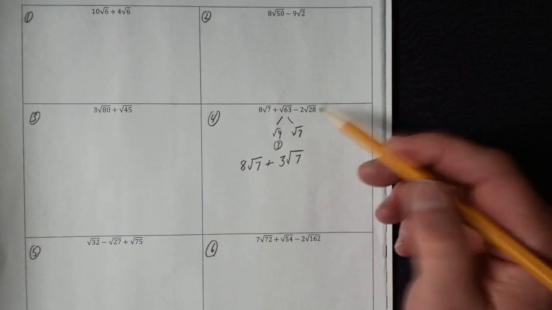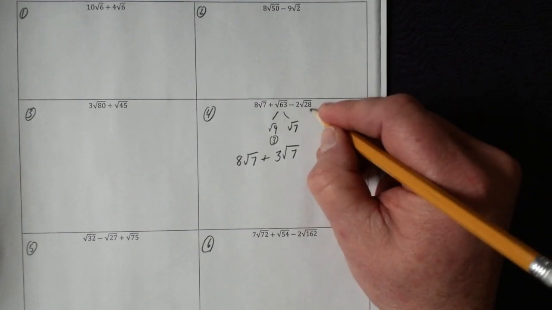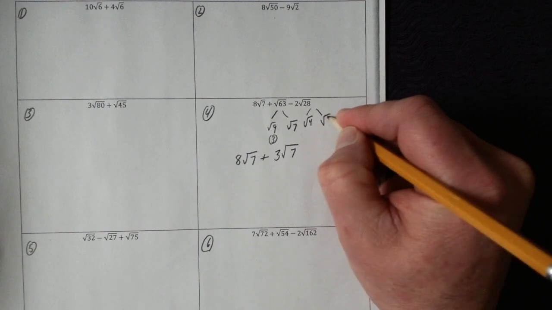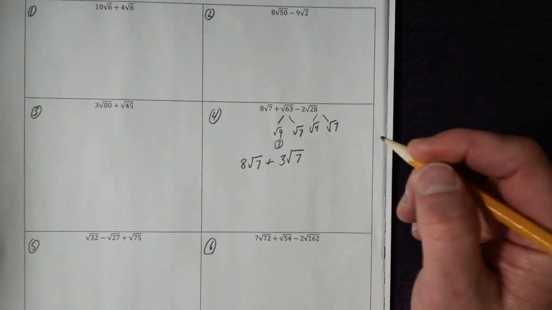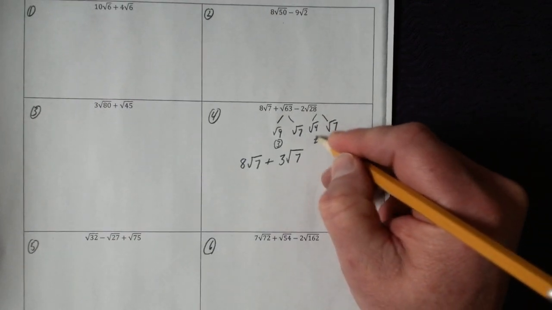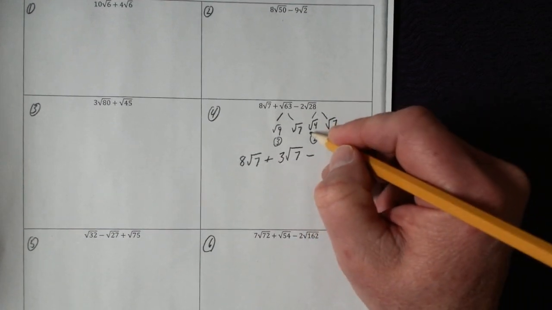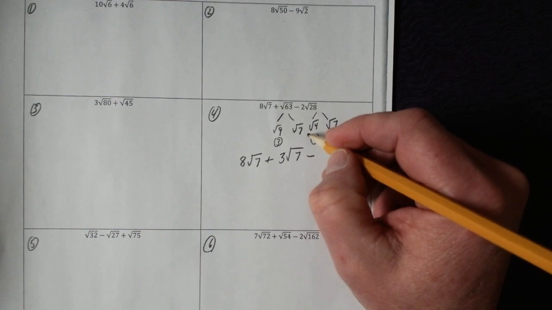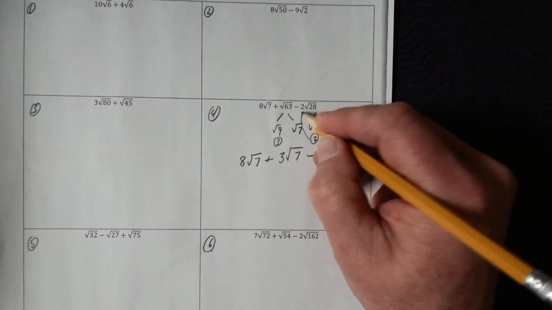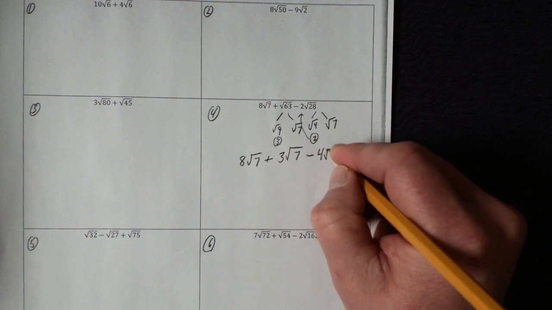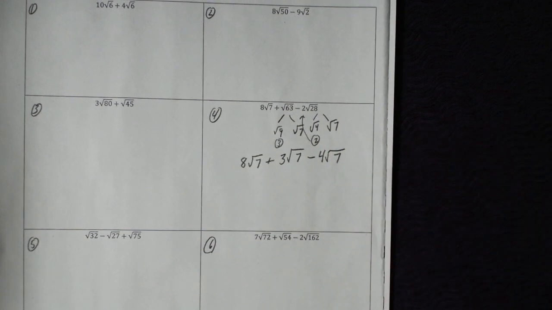This one has a 28, so I'm thinking that is going to break down to 4, and there's your 7 again. So that 4 becomes a 2, minus sign. Now don't forget that that 2 has to be multiplied by that 2, so it's going to be 4 radical 7.